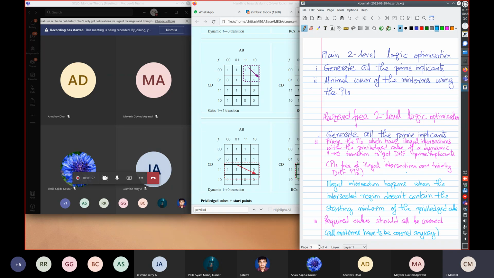Then you just got to cover the required cubes and any mean term that may not be included in the required cubes with the DHF prime implicants.